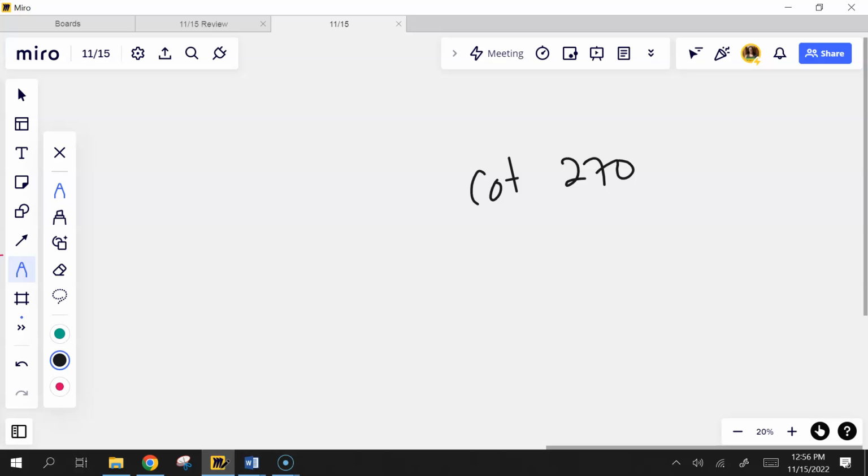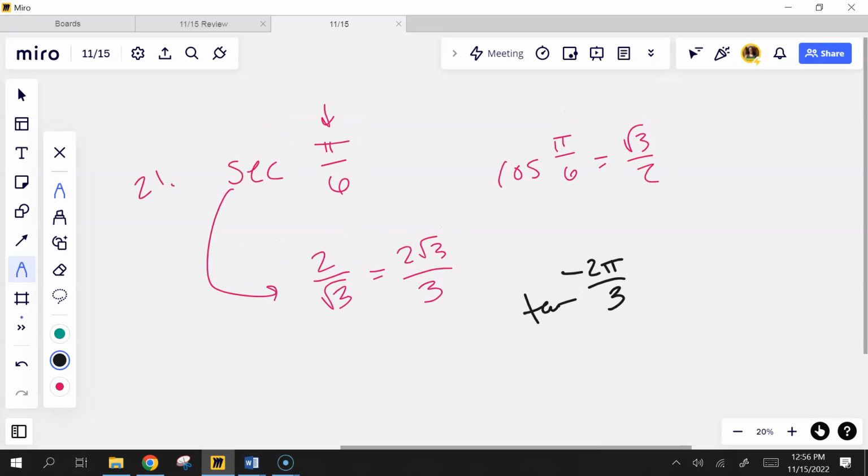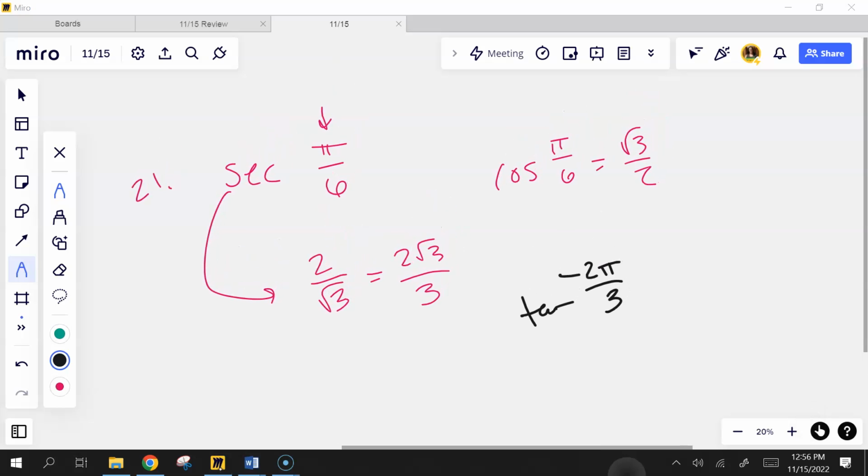Is this 21? What's 21? Okay. So you know cosine's the one that goes with secant, right? Secant is the flip of cosine. So what I do is I look for the cosine of pi over 6. So if you go to pi over 6, what's the x coordinate there?